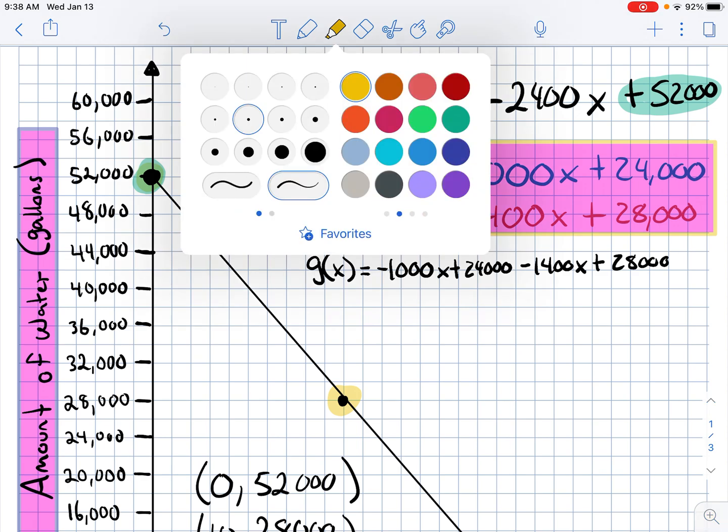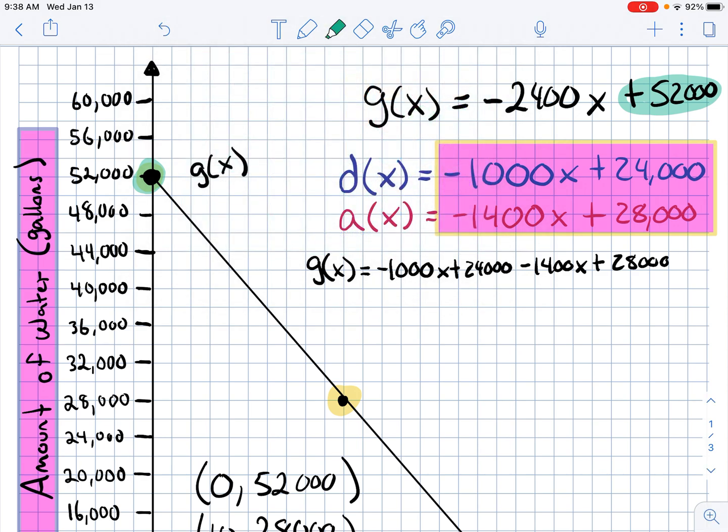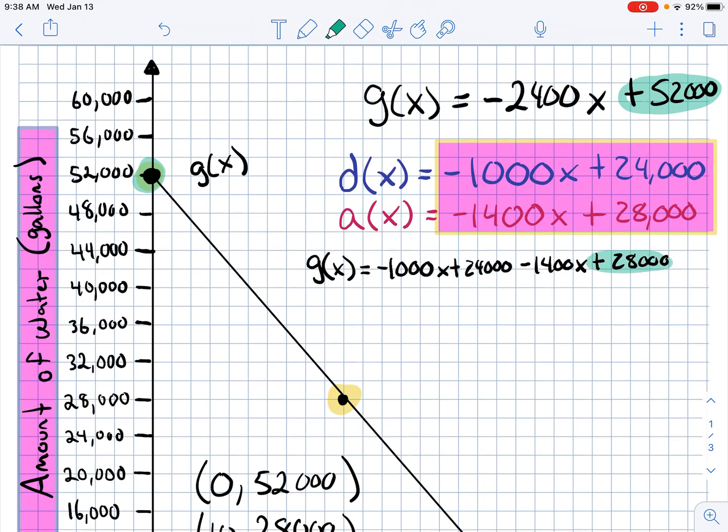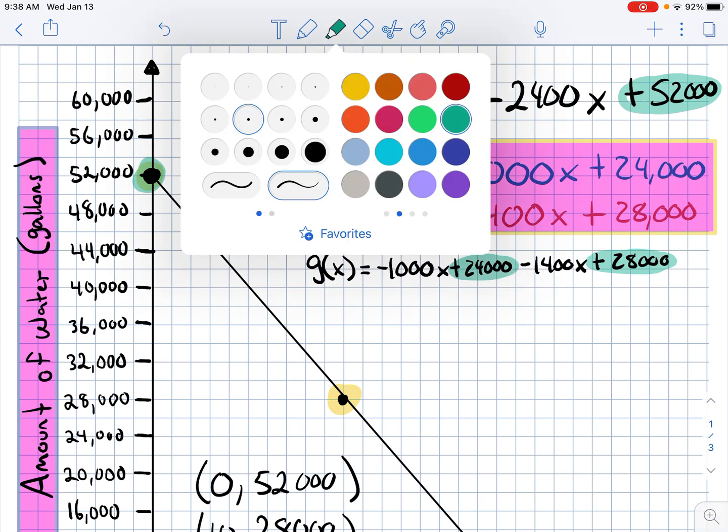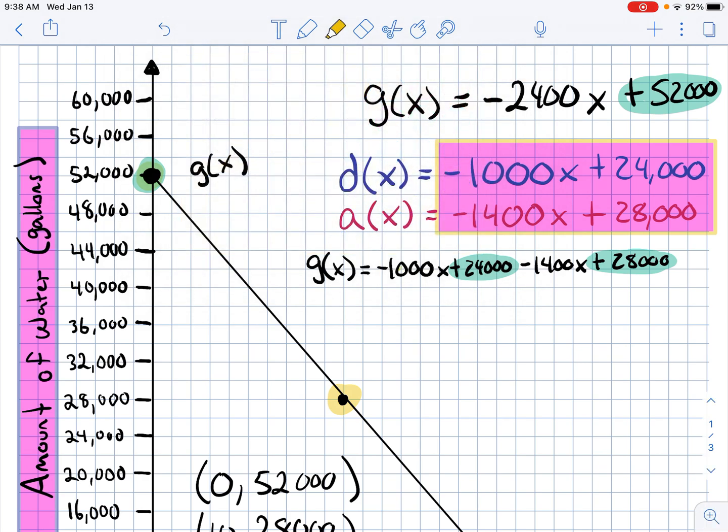So if I combine my like terms, things that are in common, I have 28,000 plus 24,000. Make sure you include the sign. And I also have minus 1,000x and minus 1,400x.